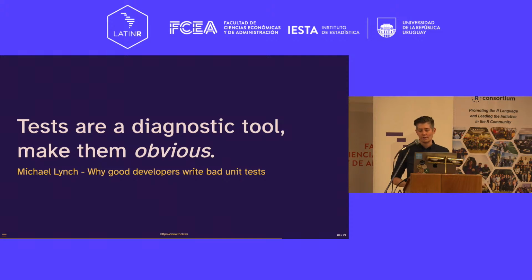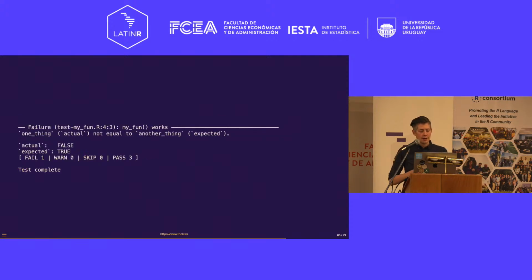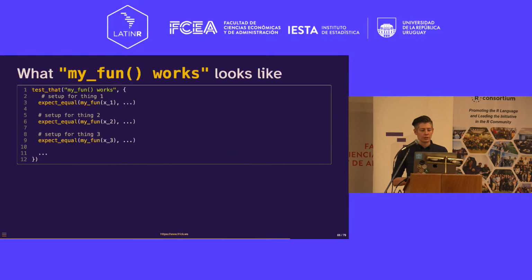So let's see when things fail. This is a test_that output, and it kindly lets you know that "my fun works" is no longer true. And that's okay. I'm like, okay, my fun. And then you go look at what "my fun works" actually means, and you find out that it means at least 3 things.